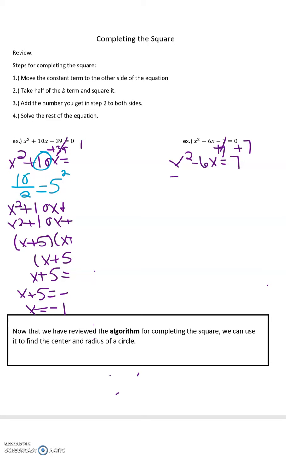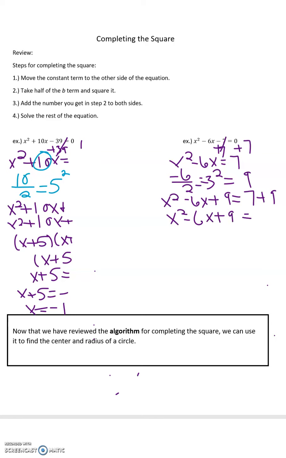Now we're taking half of negative 6, which is negative 3, and squaring it to give us 9. So now we have x squared minus 6x, and we're adding this 9 to both sides. So that's x squared minus 6x plus 9 equals 16.